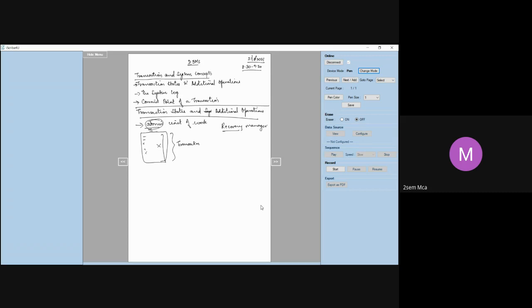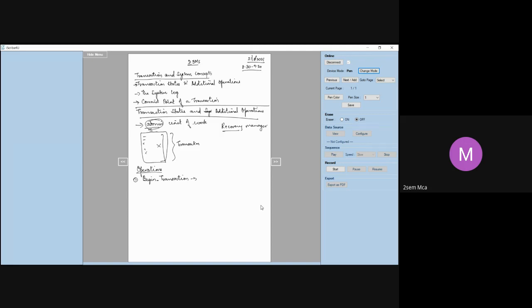Now, what are the operations that the recovery manager has to keep track of? The first operation is given in the form of begin transaction. Begin transaction means this will mark the beginning of the transaction execution.